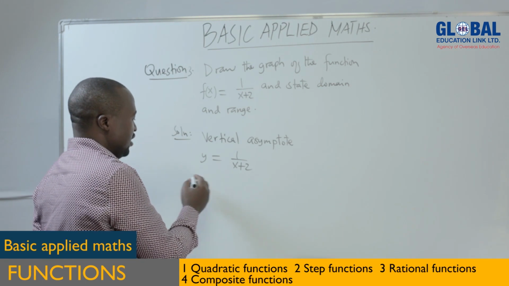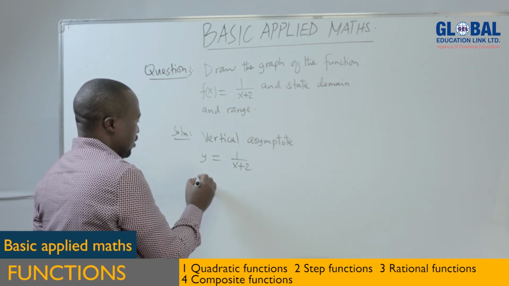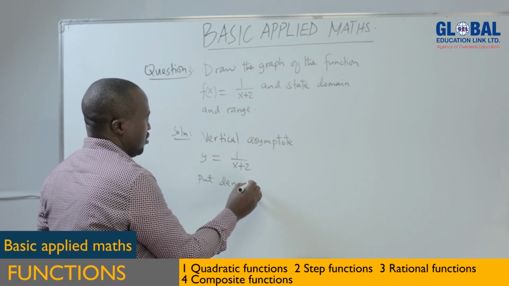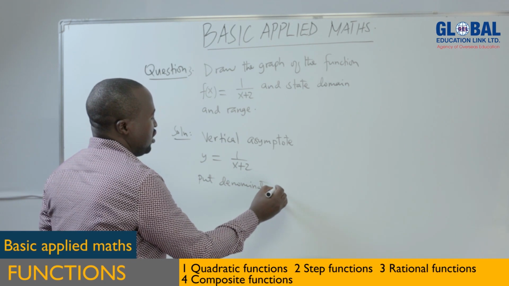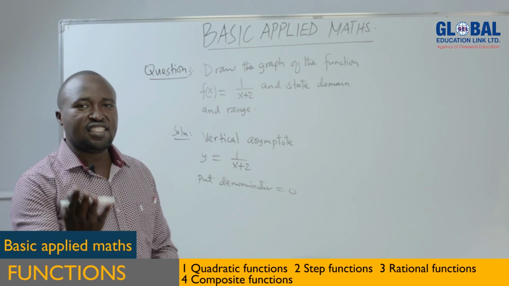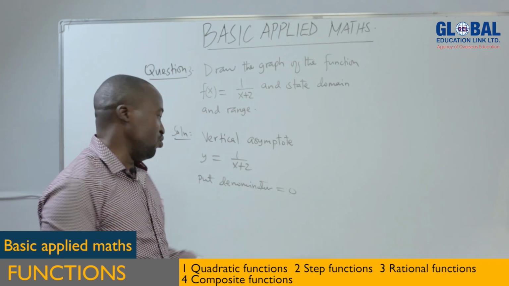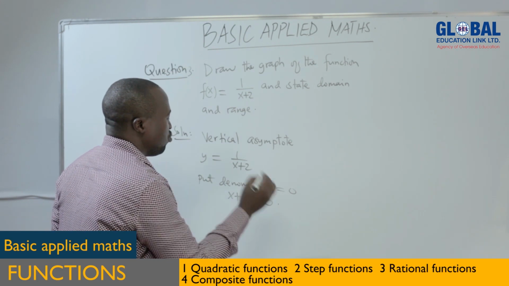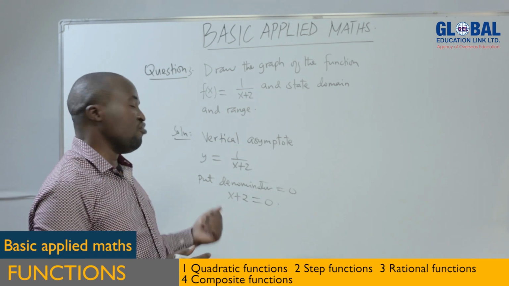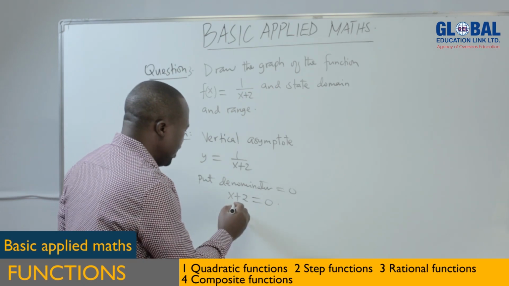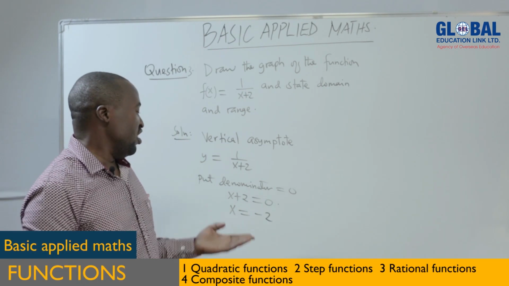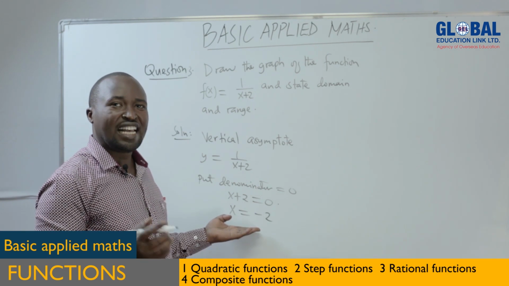We put the denominator equal to 0. The denominator here is x plus 2, so we have x plus 2 is equal to 0. So of course we solve for x. So here x will be equal to negative 2. So this is called a vertical asymptote.